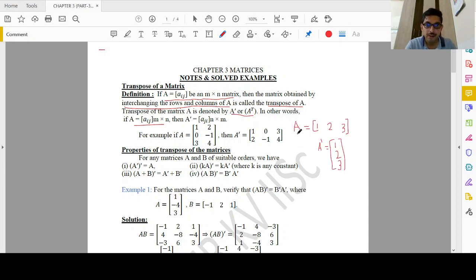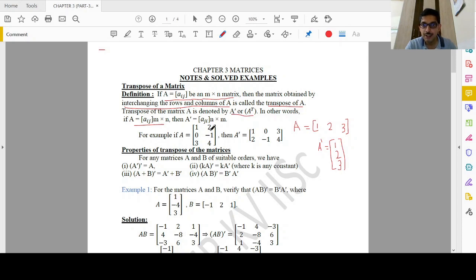Another example, if A equals 1, 2, 3, that is a row matrix, then A dash will become a column matrix 1, 2, 3. So the order of A is 1 by 3, whereas the order of A dash is 3 by 1.